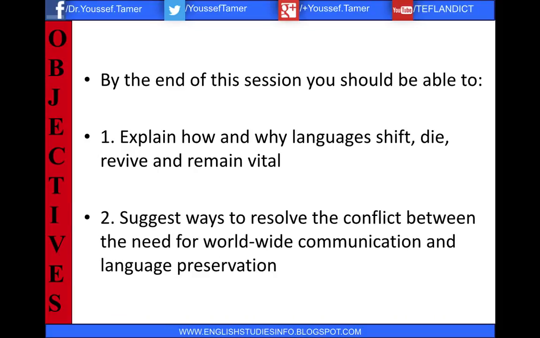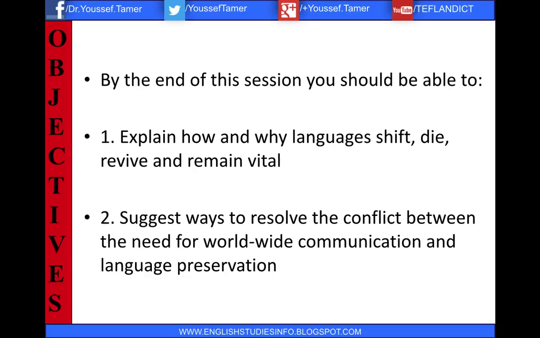You should also be able to suggest ways to resolve the conflict between the need for worldwide communication and language preservation. Usually in situations of language contact, like what's happening to us now in our context, we have this issue in our everyday communication using dialectal Arabic, Moroccan Arabic. We have this need for worldwide communication.